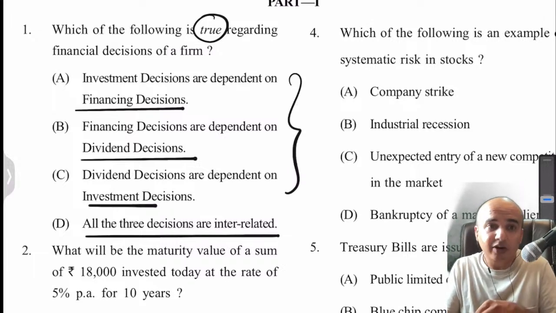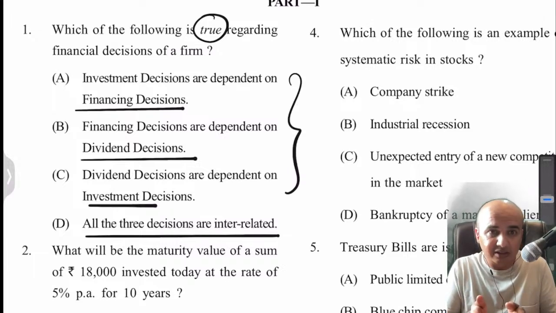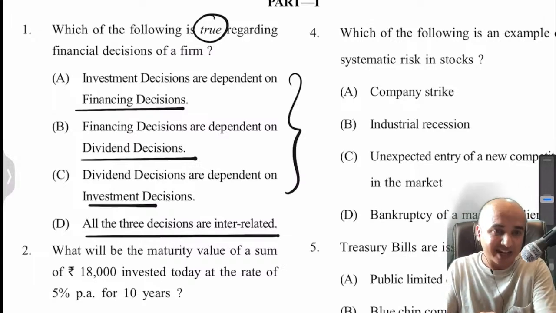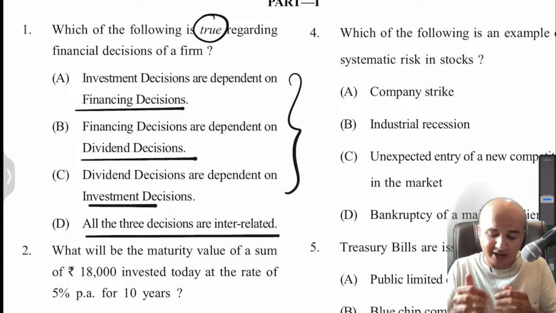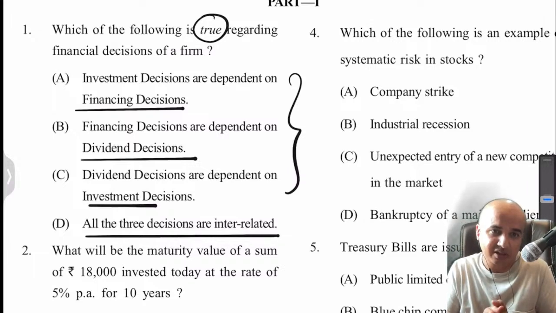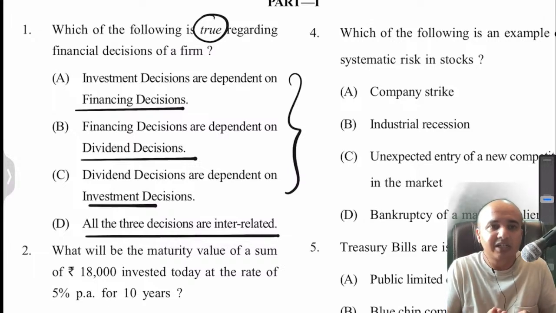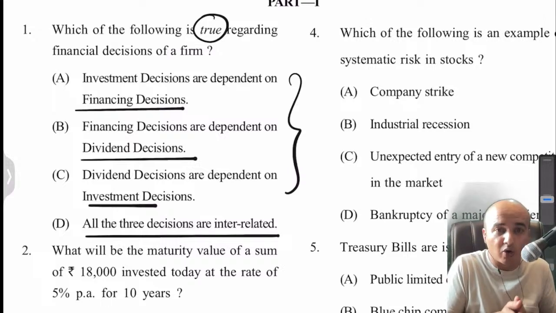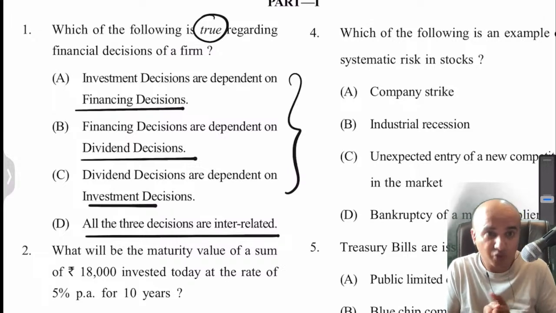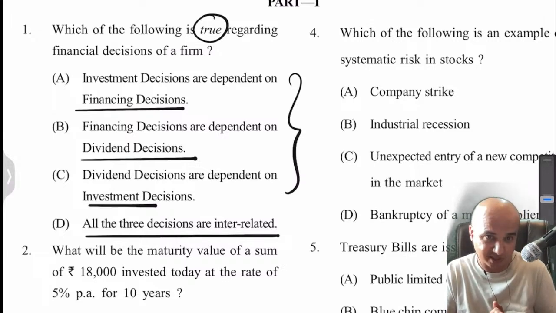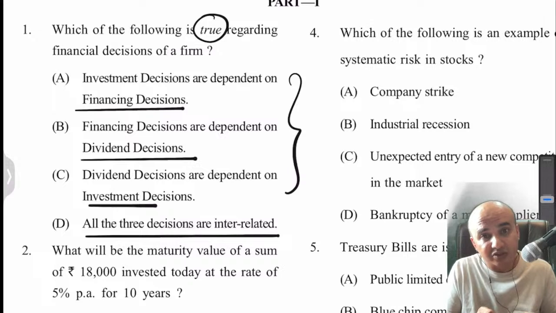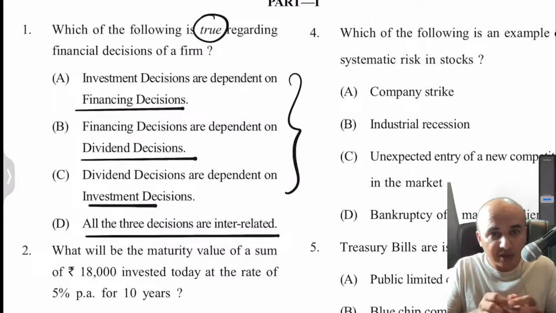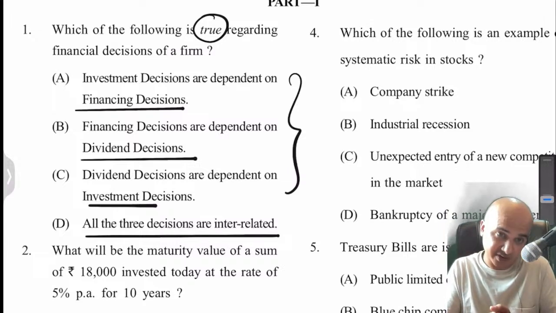The availability and cost of financing options influence the firm's investment decisions. Now coming to the second option, financing decisions are dependent on dividend decisions. Financing decisions involve determining how a firm will raise capital to finance its operations and investments. The dividend decisions, on the other hand, involve determining the amount of profits that will be distributed to the shareholders as dividends.